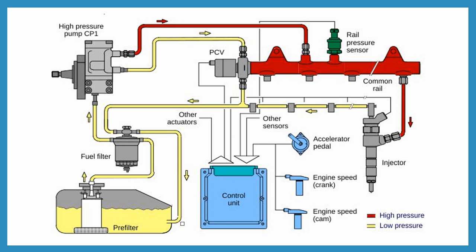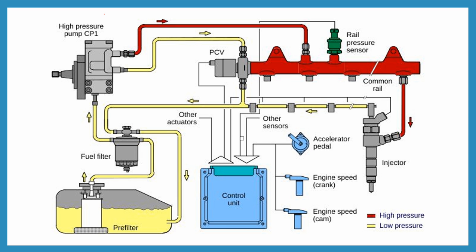Here are the basic pictures of the common rail injection system. Here is a control unit. There is an automatic control unit, which is connected with the accelerator pedal, engine speed, crank speed, engine cam speed, the other sensors and the rail pressure sensor.